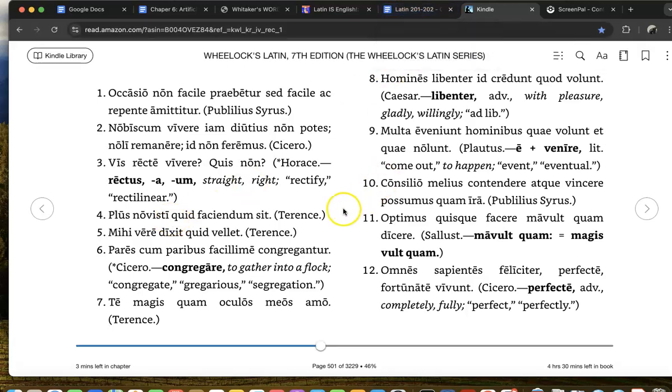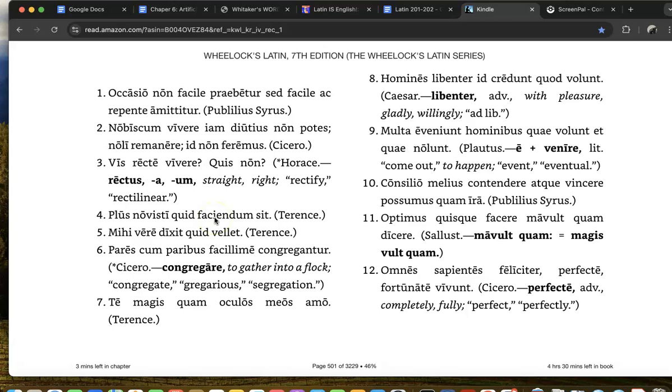As often with the Wheelocks, we've said this several times, in these lessons the Wheelocks is kind of based, even though it works with an online format, it is actually better suited for the classroom because you have these classical sayings which are literary and philosophical and hence a little bit abstract. And the course is actually based on the idea that you have vigorous discussion in the classroom about the grammar and ideas.